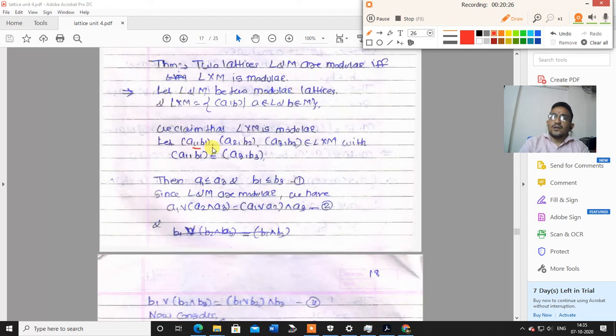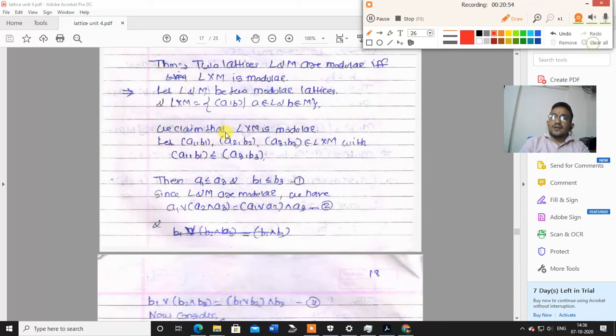Okay, so let us take elements from L cross M. Let the ordered pairs (a1, b1), (a2, b2), and (a3, b3) be elements of the set L cross M, with (a1, b1) related to (a3, b3). Then by this relation, we can say that a1 is related to a3 and b1 is related to b3. So this is equation 1.